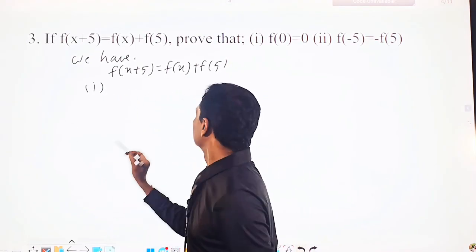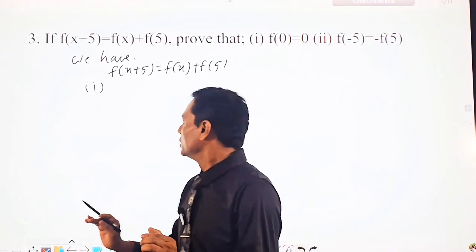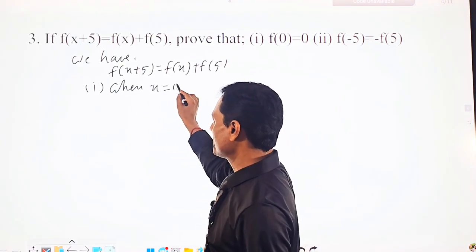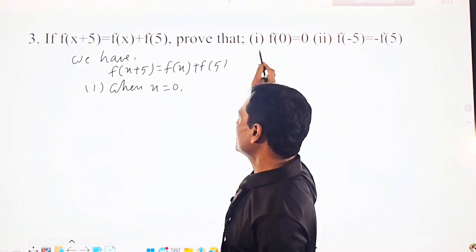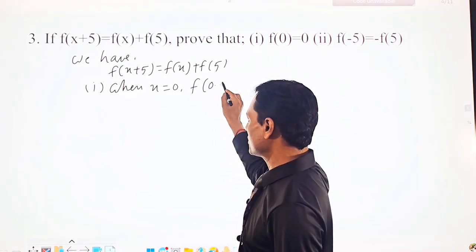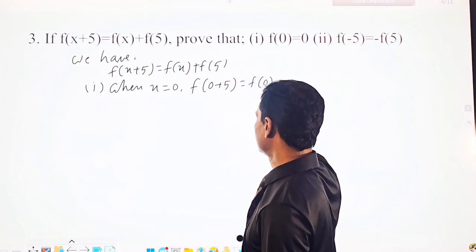For the first part, we have f(0). f(0) means the input is 0, right? So when x is equal to 0, we can write f(0 plus 5) equals f(0) plus f(5).